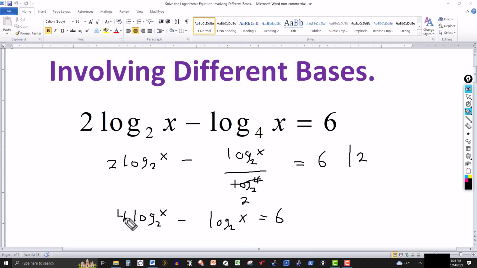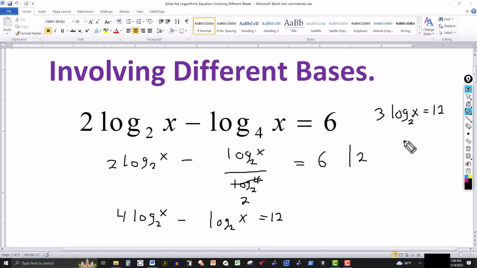So again, I had 4 log x base 2 minus log x to base 2. So this will give me just 3 log of x to base 2. And of course I multiply this side also by 2 here. So this is actually 12 here. 2 times 6 is 12. So this is going to equal 12.